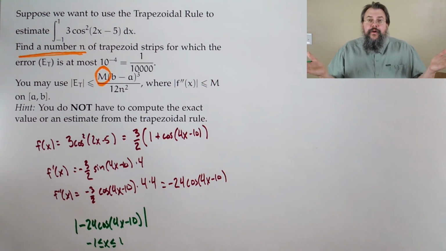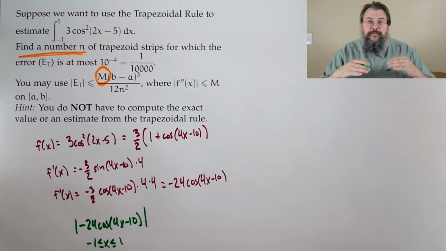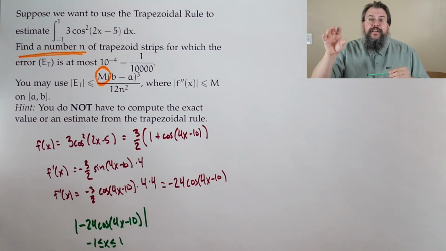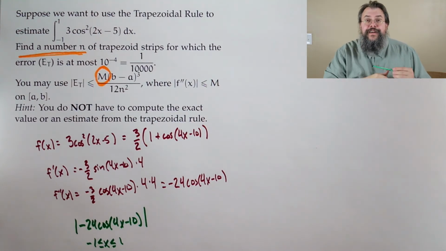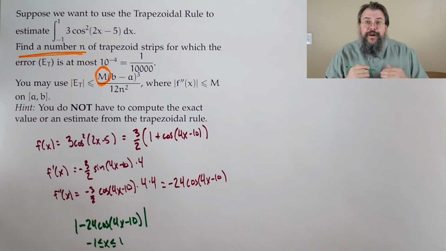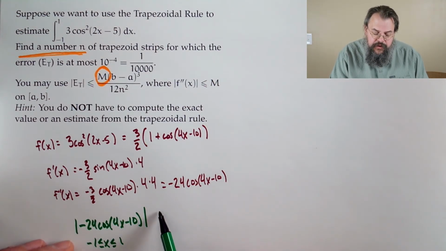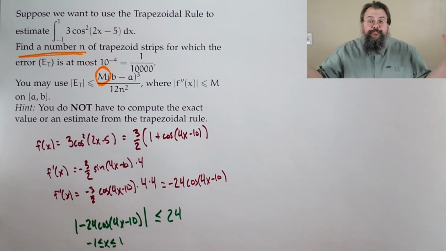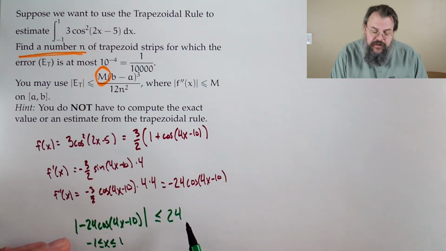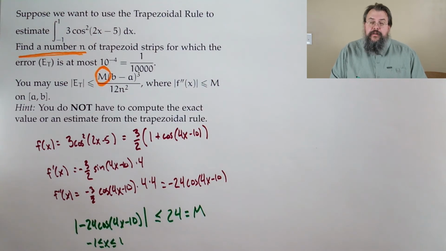Certainly we have the 24. What can we say about cosine? It's a bounded function. Remember, cosine oscillates between positive 1 and negative 1. So this is at most 24, because the cosine can't make it bigger. And so our bound is 24. There's our M.